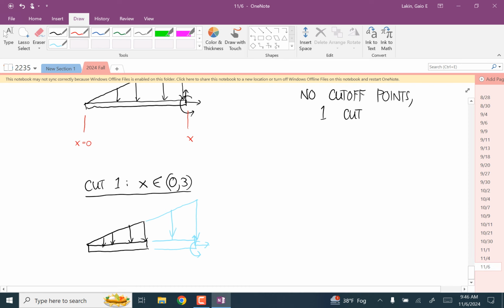The length of this piece is X. And so what's the height of the triangle at the right end of this cut?